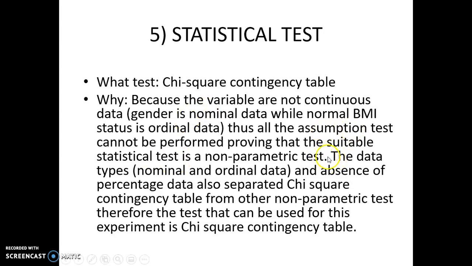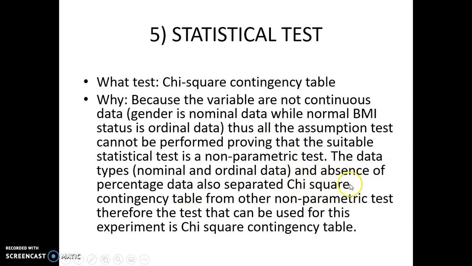And then to further find the suitable statistical test among the many non-parametric tests, we look at the types of the data. The variables in this experiment are nominal and ordinal data, so that leaves only the chi-square test.